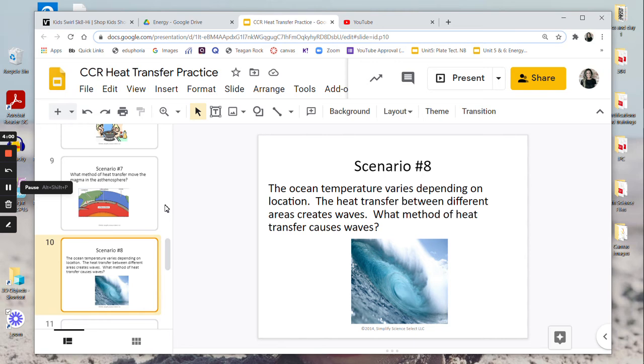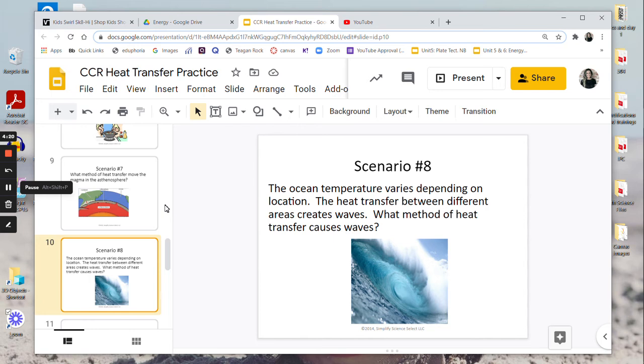Scenario number 8, the ocean temperature varies depending on location. The heat transfer between different areas creates waves. What method of heat transfer causes waves? The heat transfer that causes waves is going to be also convection. The temperature is varying depending on location.